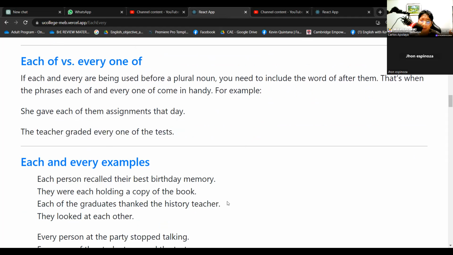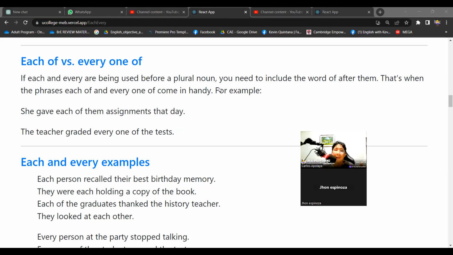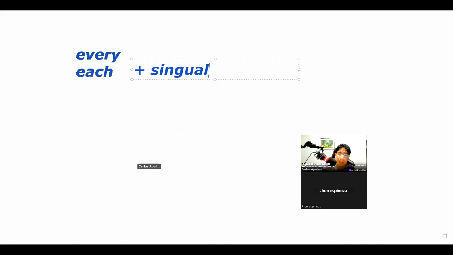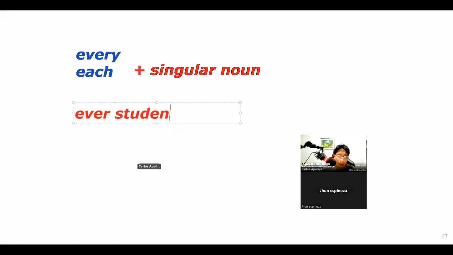Okay, again. For example, let me do this. After every and after each, the word has to be in plural or in singular? Singular. Okay. Singular noun, always. You always write a singular noun. For example, you say every student in my class is intelligent.